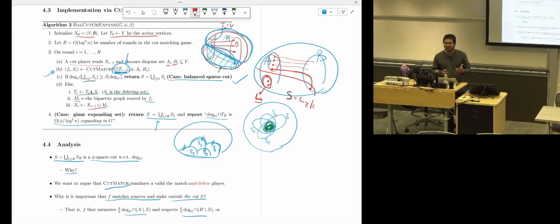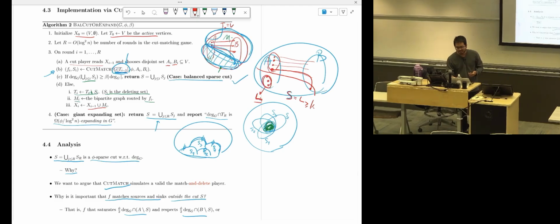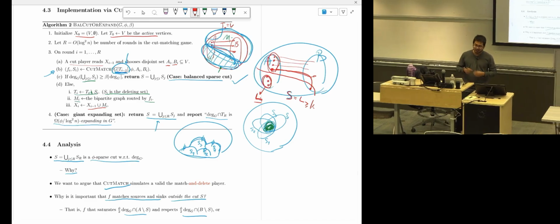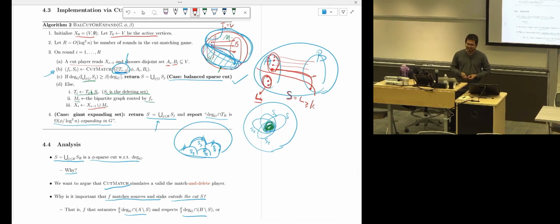So next time we learn how to force all the flow to be sent outside the cut. And the idea is to use dynamic push-relabel.